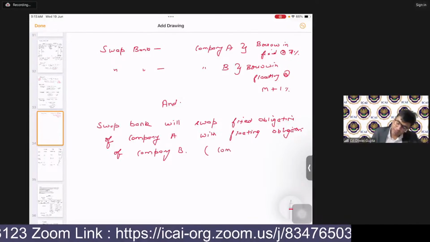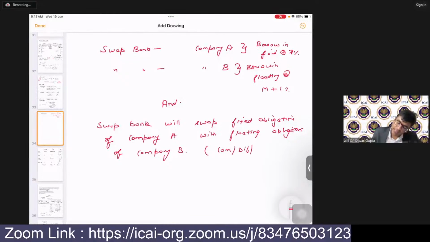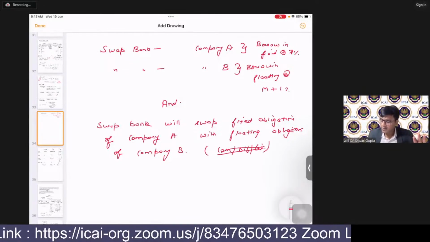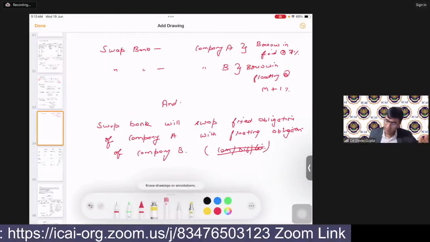With some commission or difference or gain, whatever you want to say, it will not be exactly the same, but there is a difference, right? The numbers were different.